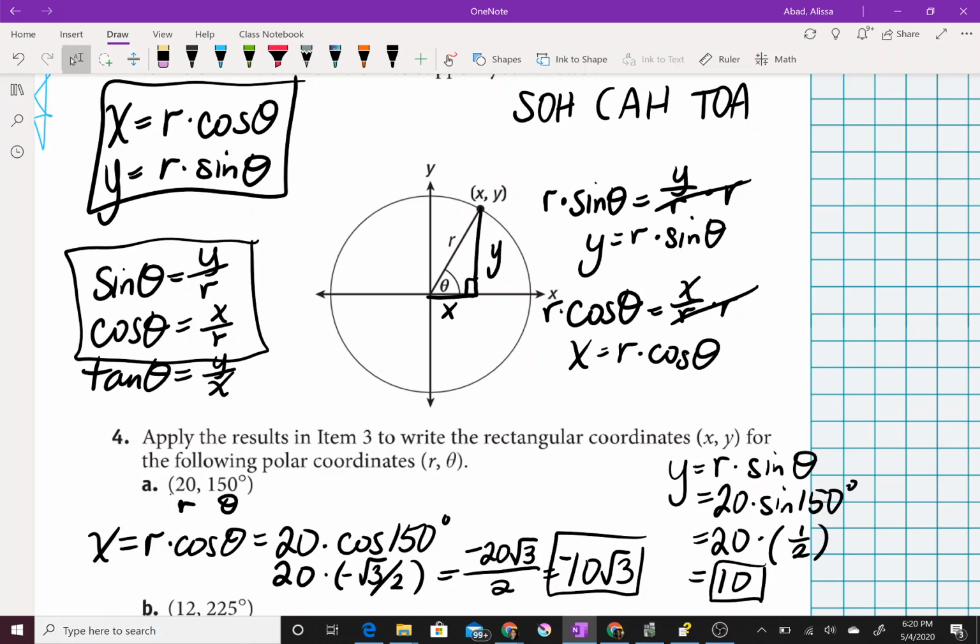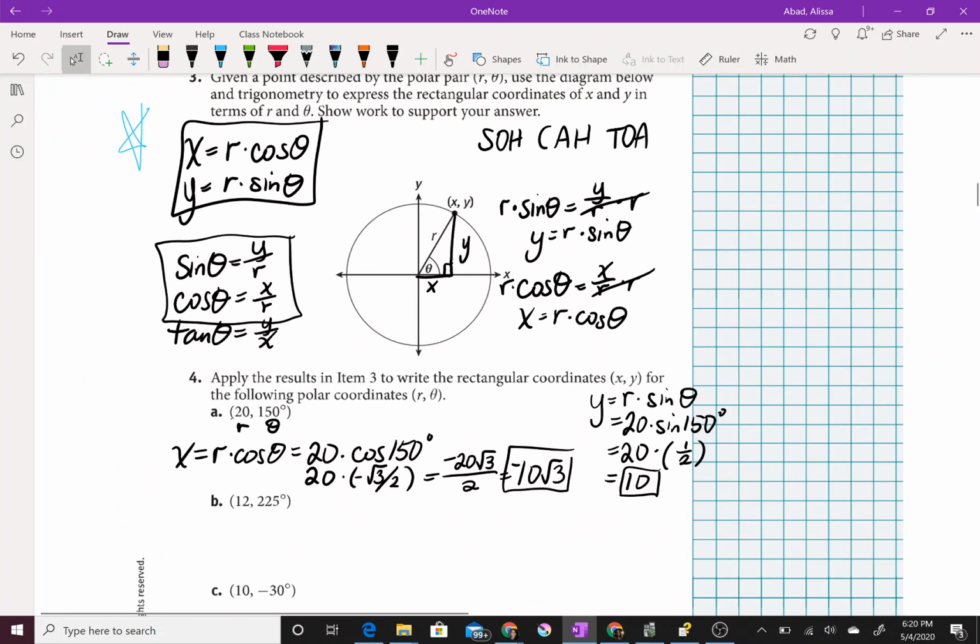So the coordinates are negative 10 square root of 3, comma, positive 10. Okay, so this video should help you with answering any of the questions that are asking you to convert from polar coordinates to rectangular coordinates.